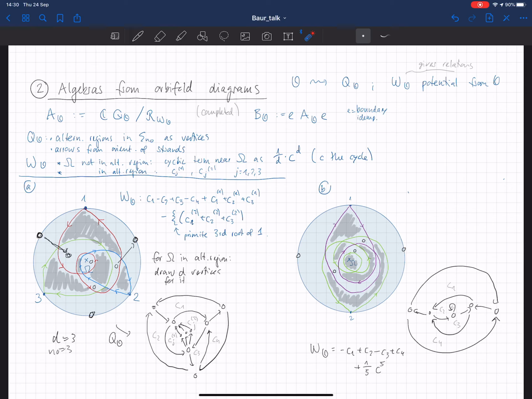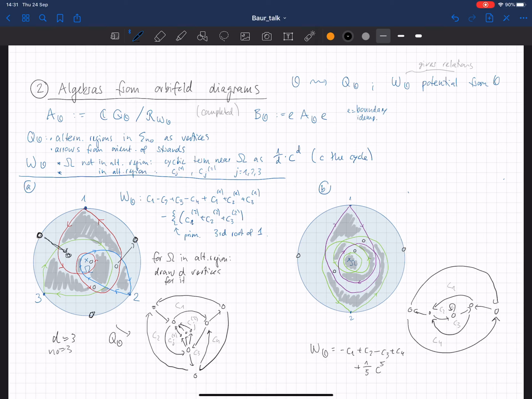And the potential is going to be the positive terms C1, C3 minus C2, C4. And then for the middle region we have C11, C21, C31, and subtract xi times C12, C22, C32, where xi is a primitive root of unity.